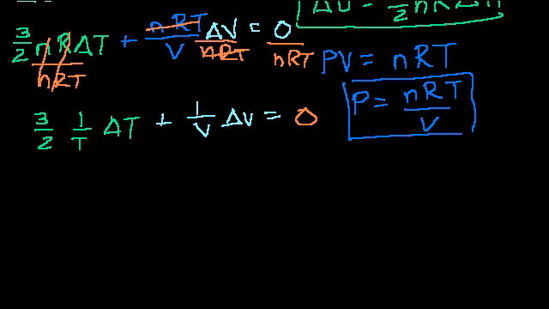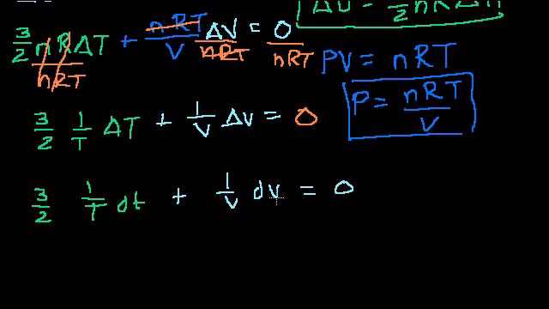So let me just change those to our calculus terminology. We're going to do an infinite sum over infinitesimally small changes in T and V. So I'll rewrite this as 3 halves times 1 over T dT plus 1 over V dV is equal to 0. Remember, dV just means a very, very small change in volume, and dT is an infinitesimally small change in temperature.